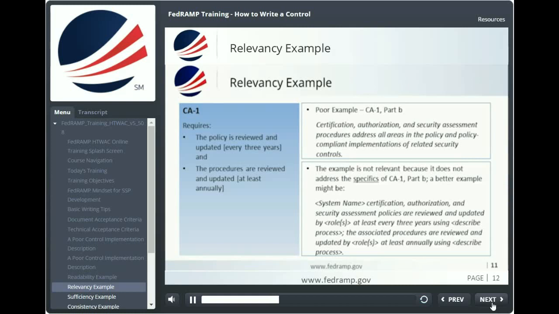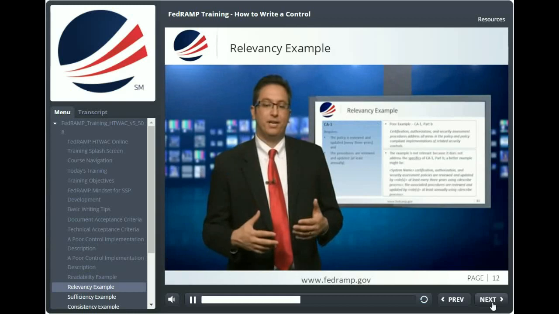XYZ system certification, authorization, and security assessment policies are reviewed and updated by XYZ role at least every 3 years using XYZ process. The associated procedures are reviewed and updated by the roles, whatever they are, at least annually using whatever process.